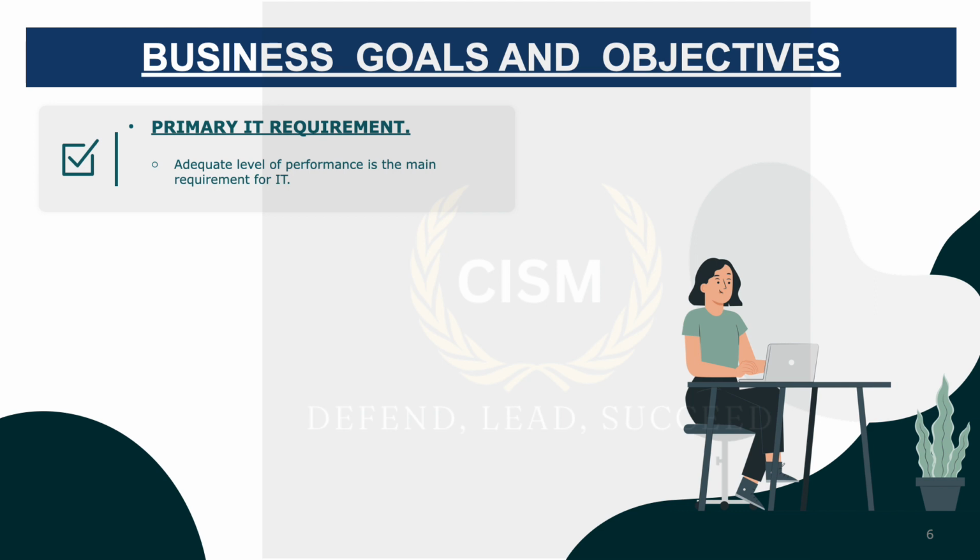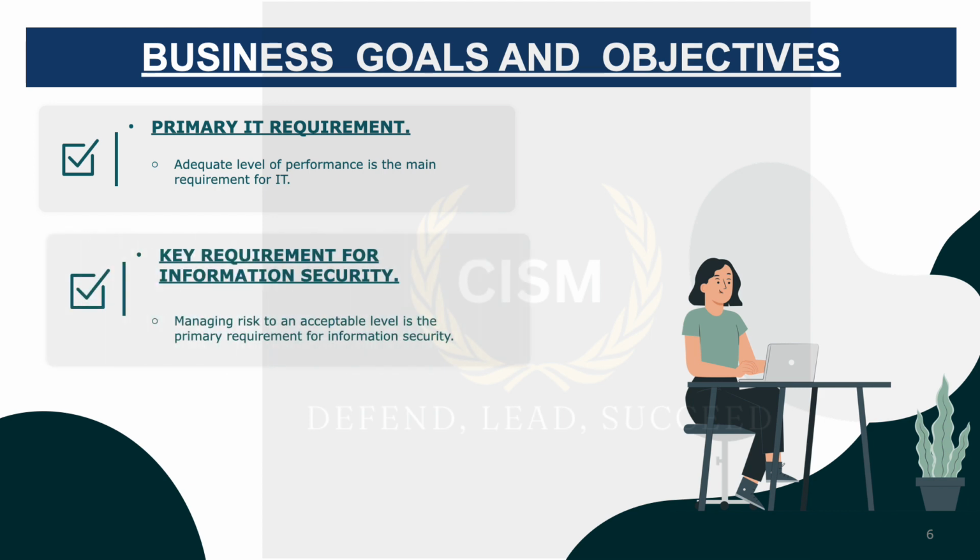Moving next, we'll discuss the key requirement for information security. Friends, managing risk to an acceptable level is the primary requirement for information security. To amplify this, the primary requirement for information security is to manage risk to an acceptable level.